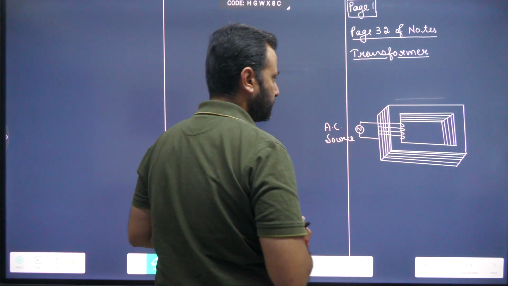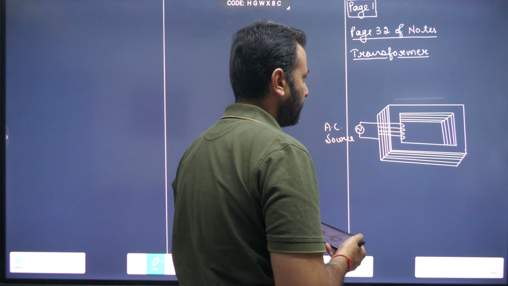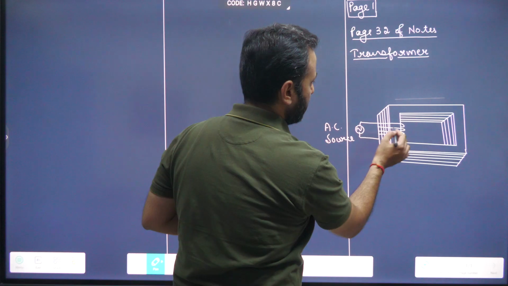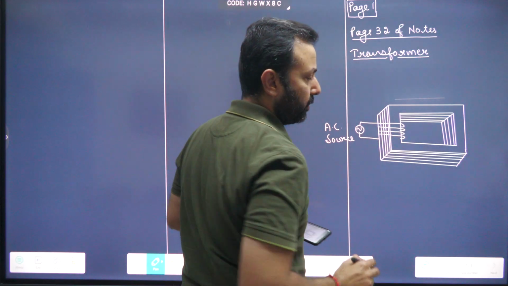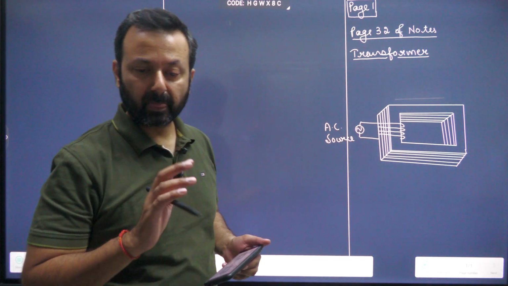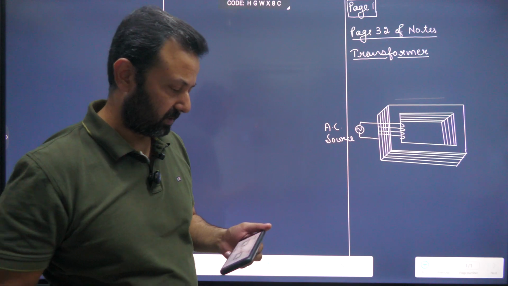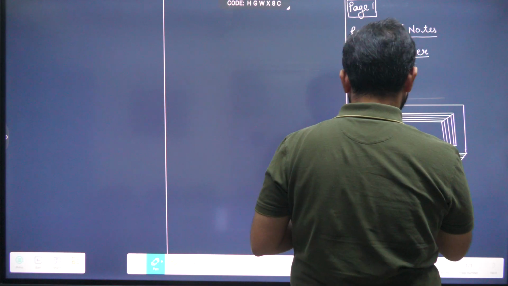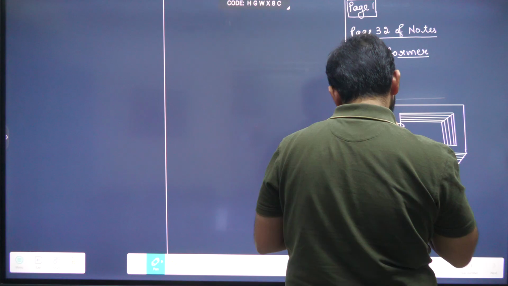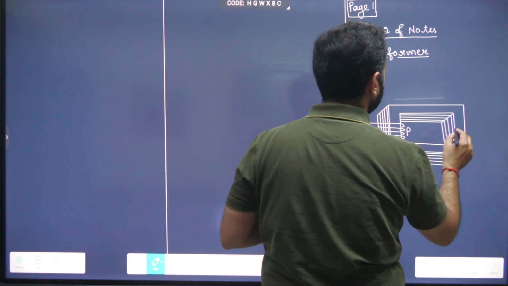And look how many turns of wire we have here: 1, 2, 3, and 4. So we are having 4 turns of the wire here, and now this is called P.